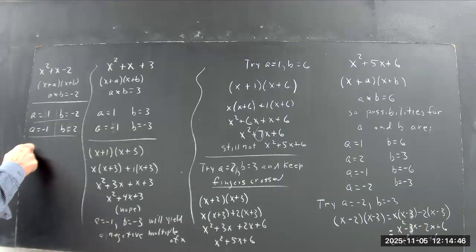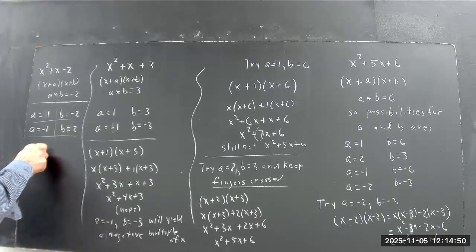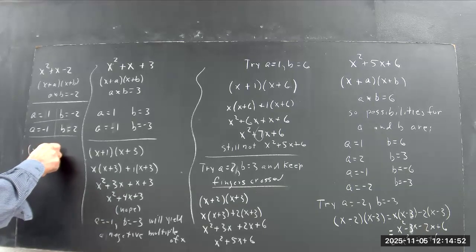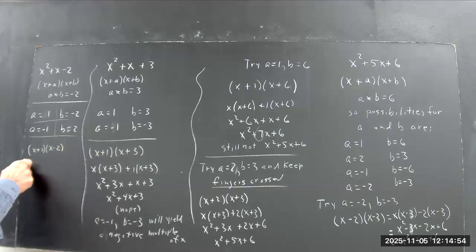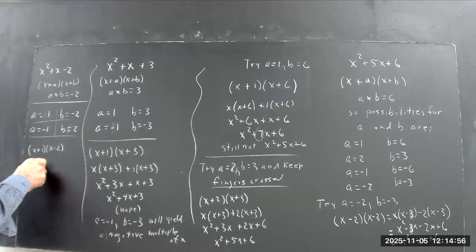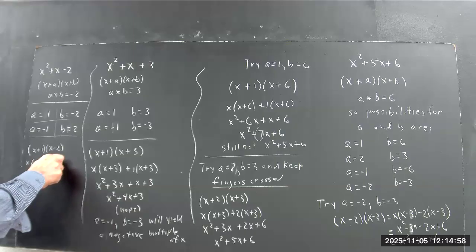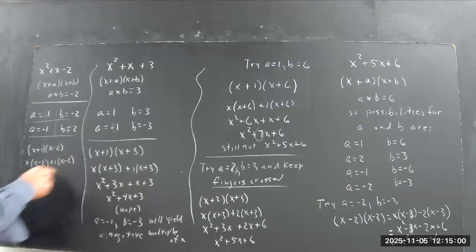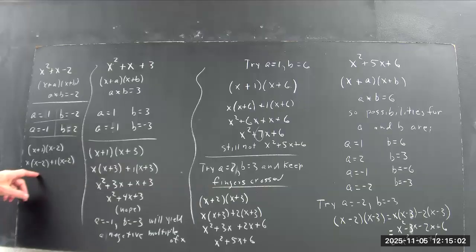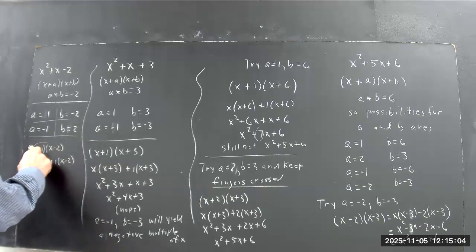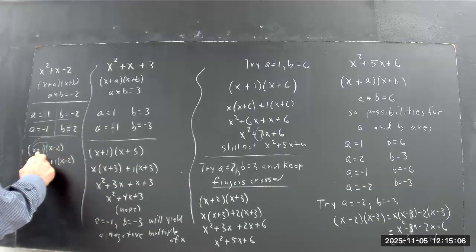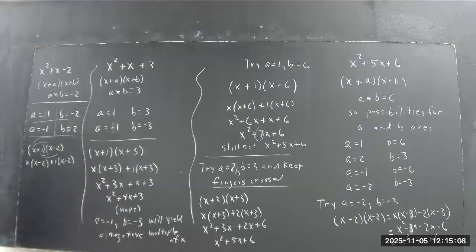Well, if I multiply x plus 1 by x minus 2, I get x times x minus 2 plus 1 times x minus 2. And I really recommend that you write it out like this instead of doing little arcs.